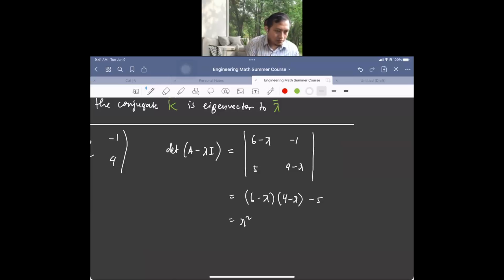So we will have lambda squared minus 10 lambda plus 24, oh this is plus, sorry, plus 24 plus 5, so plus 29. This is our characteristic equation.